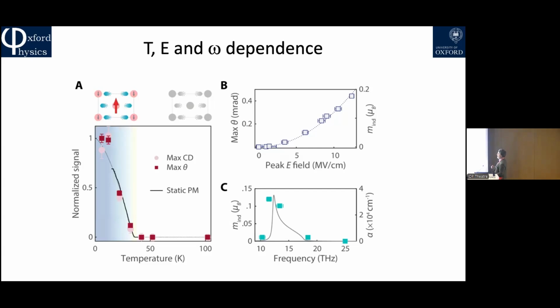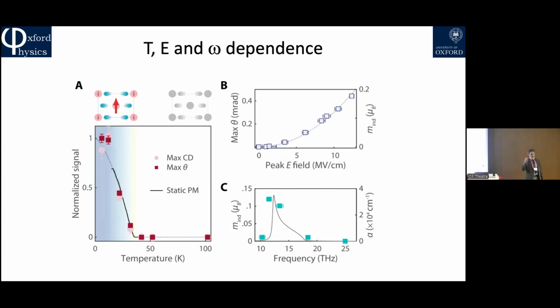You also can confirm that the effect is quadratic with the peak electric field because it's due to phonon nonlinearity, and the electric field will be proportional to the amplitude of the phonons you're driving. So the effect would scale with the square of the peak electric field. And also you can confirm that the effect is resonant.